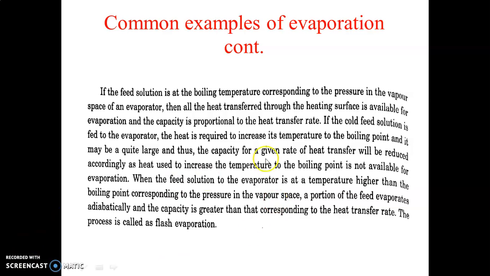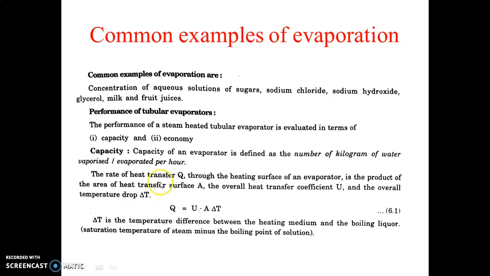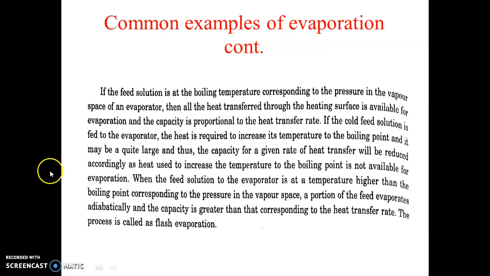Note that depending upon the conditions of the feed, the capacity of the evaporator increases or decreases. Suppose we have the feed solution, that means the weak solution, at its boiling temperature.